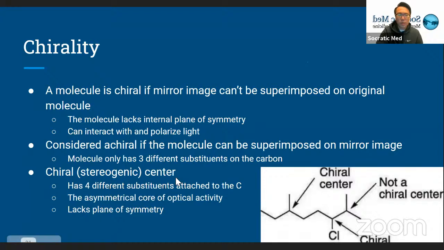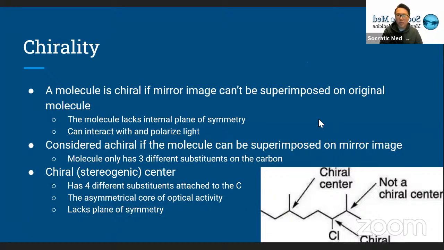A stereogenic center, otherwise known as a chiral center, is a carbon that has 4 different substituents attached to it. It is asymmetrical and the core of the optical activity. Because of this chiral center, it can give a molecule optical activity and polarize light. Like I said before, it's only considered chiral if it lacks a plane of symmetry.